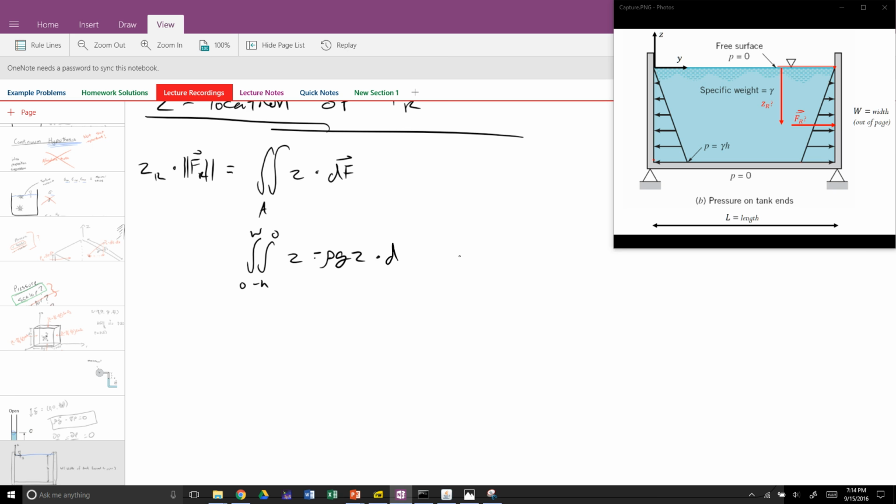Okay, we'll go ahead and move this component outside of the integral, so it gives us negative 0 to w, negative h to 0 of z squared dz dx. Let's not forget the rho g there, negative rho g.